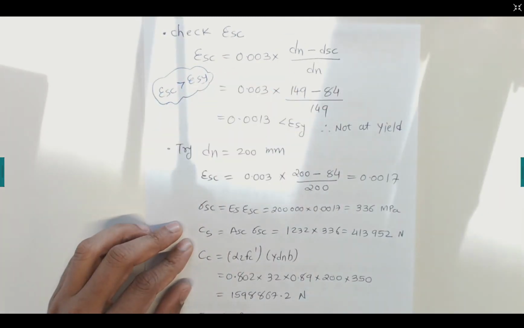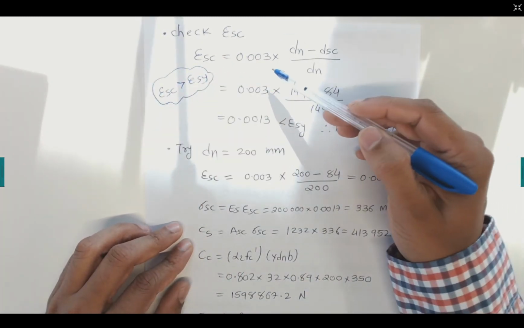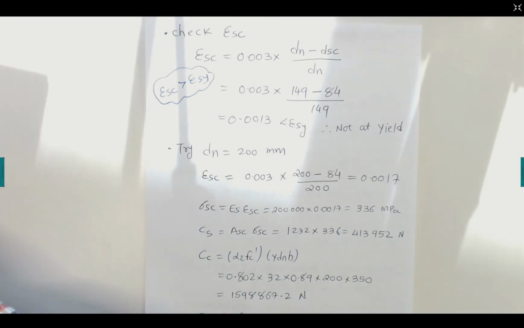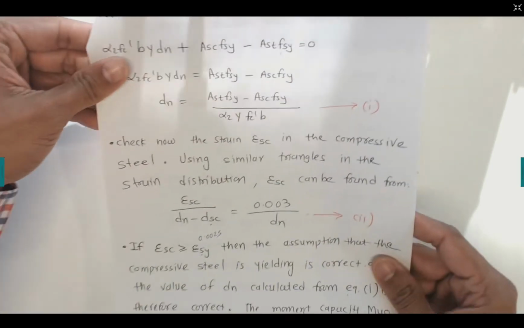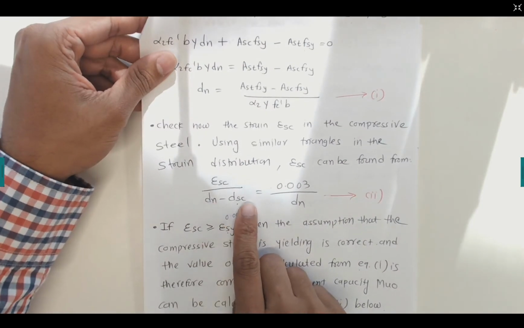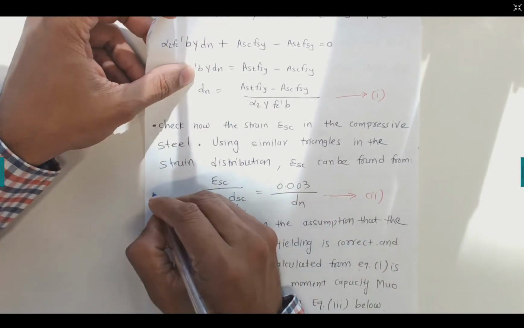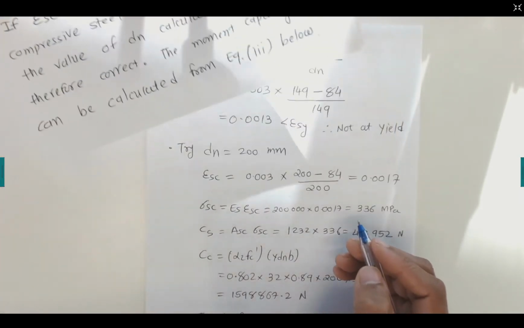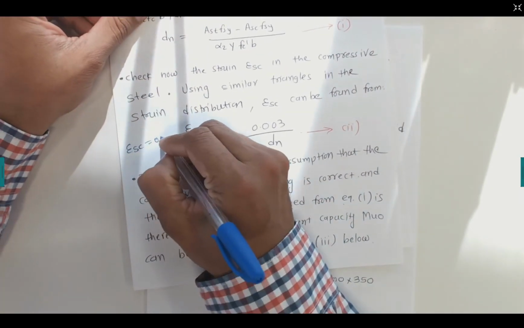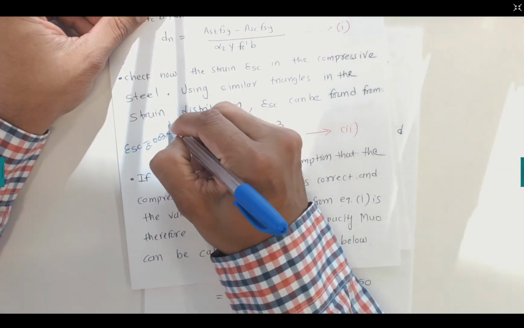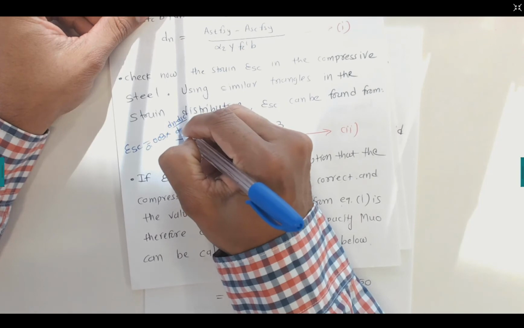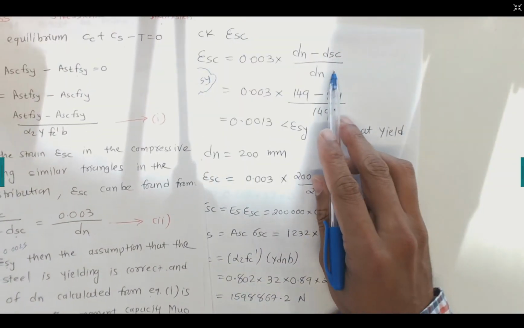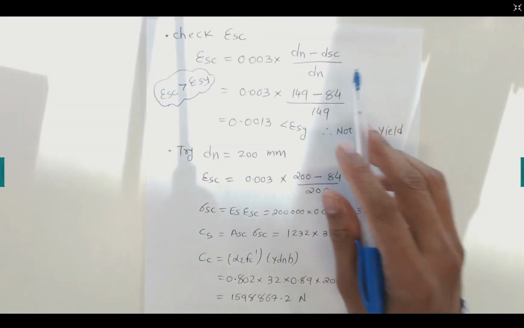In the previous video, in the theory, we used this equation: if I simplify here, I should get ESC equal to 0.03 times dN minus dSC on dN. That is the equation I write here.